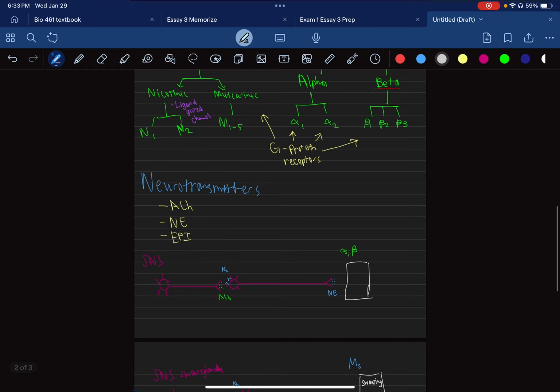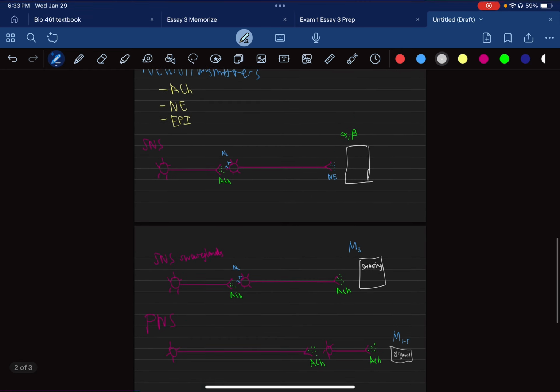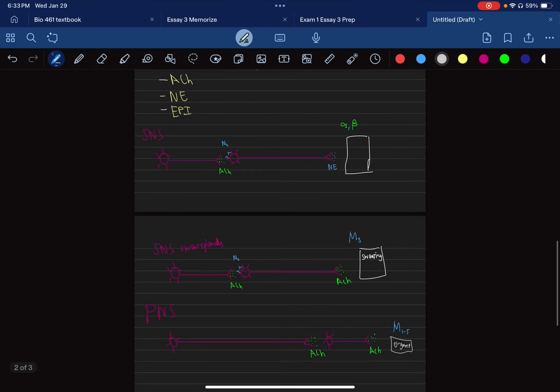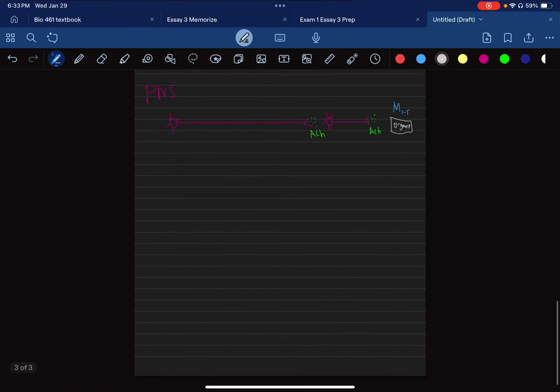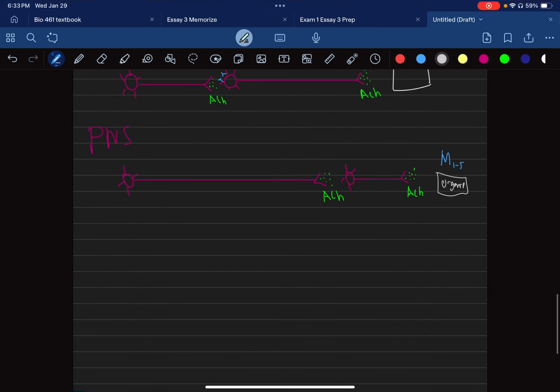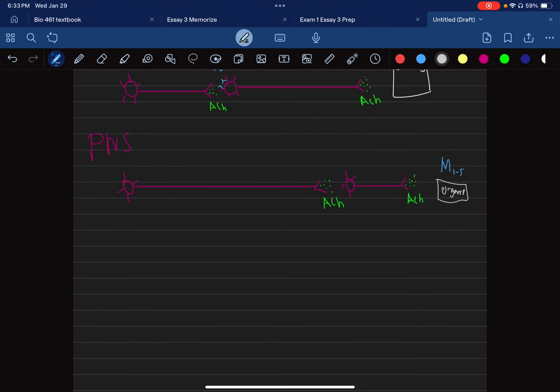So each of these neurotransmitters is going to bind to a different receptor, and each receptor actually has preferred neurotransmitters that it likes. For example, there's alpha 1, 2, beta 1, 2, 3.